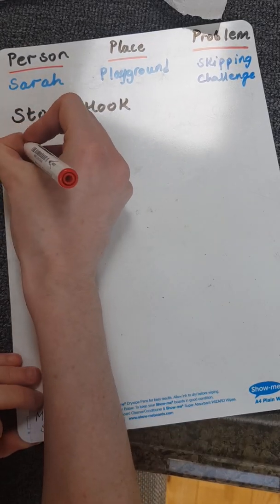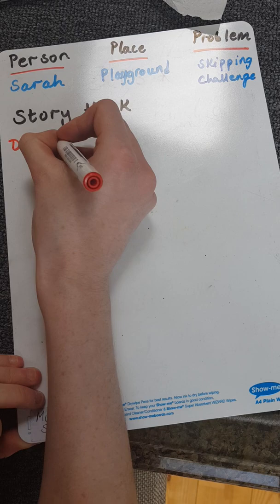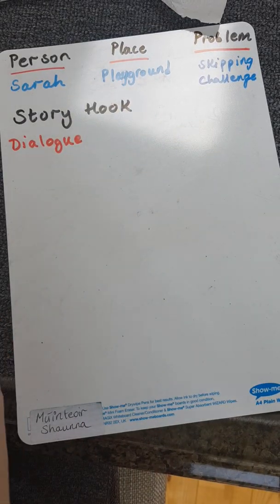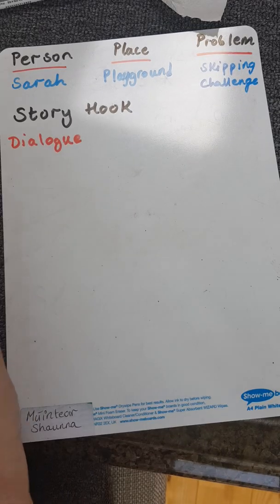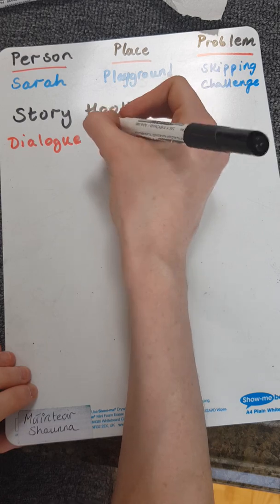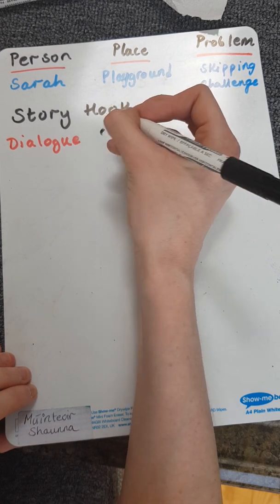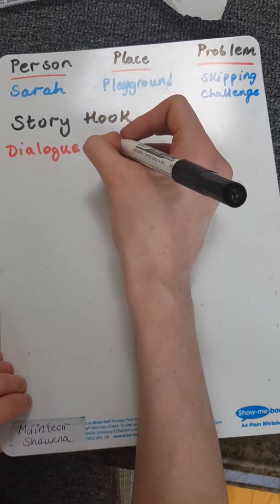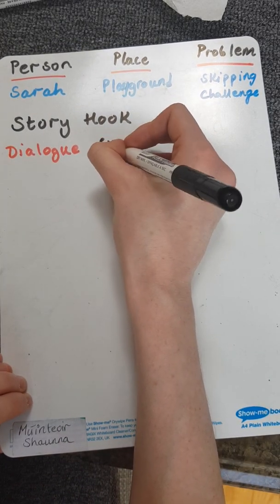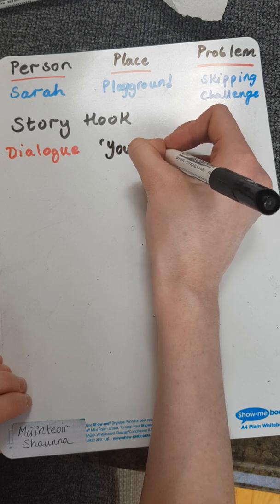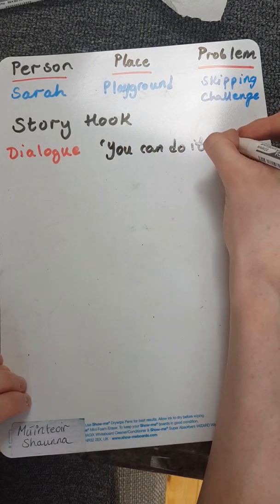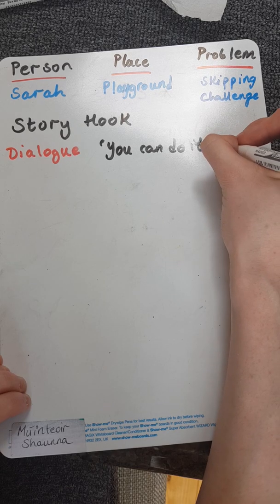Now, dialogue is basically when people are speaking, okay? So dialogue, we have speech marks, which we all love, speech marks. And the example I might use from my story could be, you can do it, Darren.